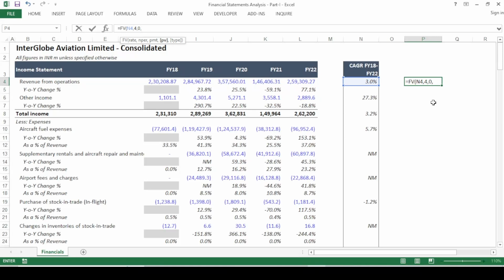And for the PV, I'll put a negative sign and link it to the initial value, and then I'll close the brackets. So as you can see, I've got the value 259,309, which is nothing but the value in FY22. So this is going to be a single rate at which this value will grow for these 5 years and will reach this value. So this is how the CAGR works.